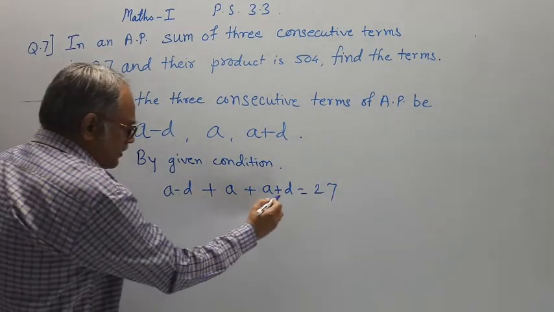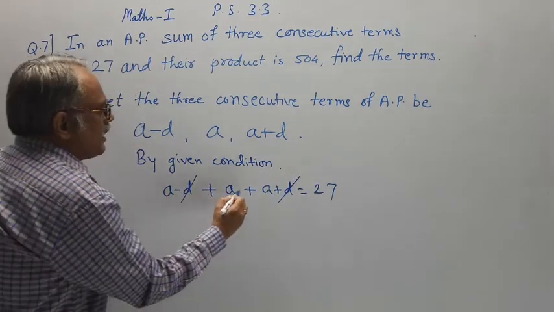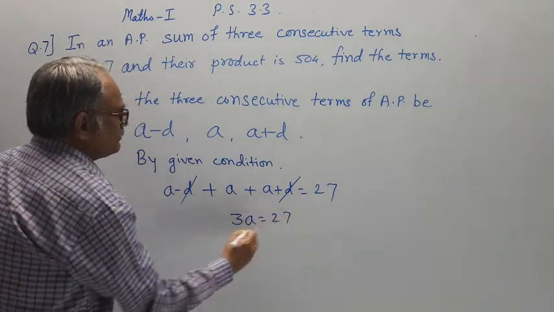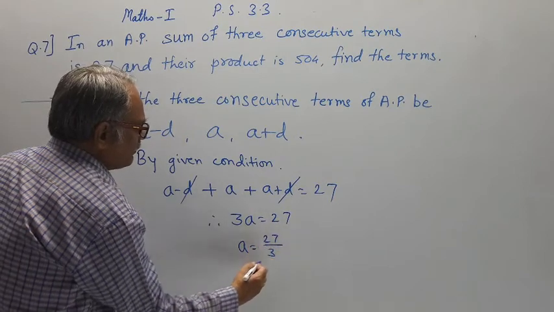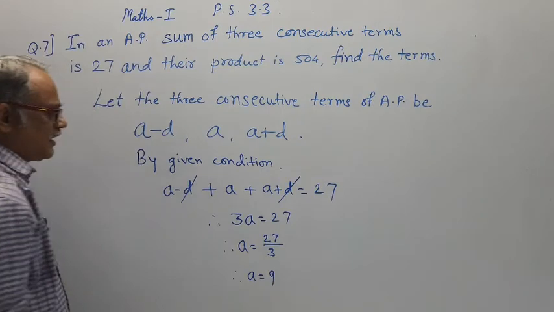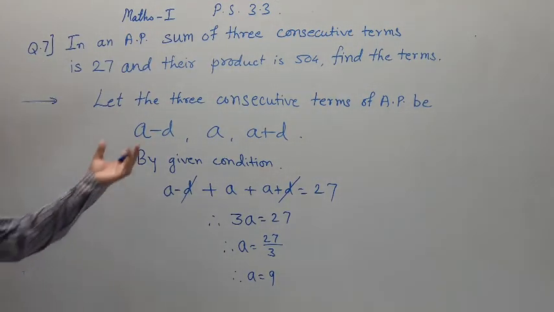Minus d and plus d cancel. A plus a plus a, 3a is 27, a is 27 upon 3, a is 9. After getting a as 9, we have to find d.